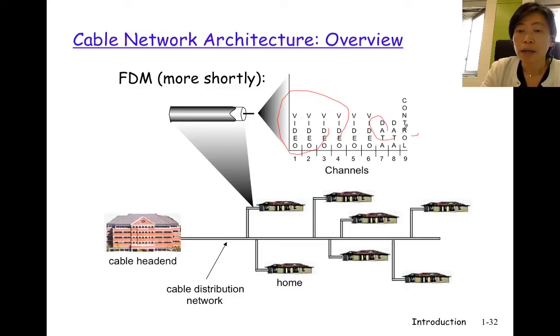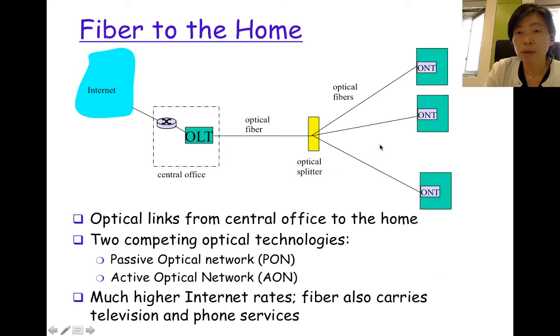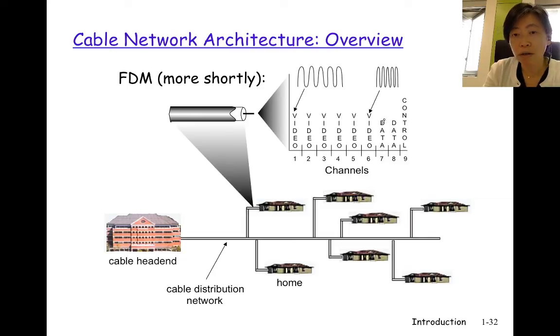They are actually using different sub-ranges of the frequency range. There are several, nine of these sub-ranges, and we call these sub-ranges the channels. So video 6 here is using a higher frequency sub-range, and video 1 there is using a lower frequency sub-range.